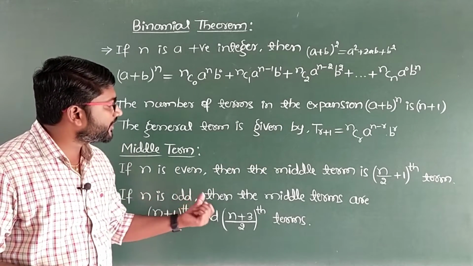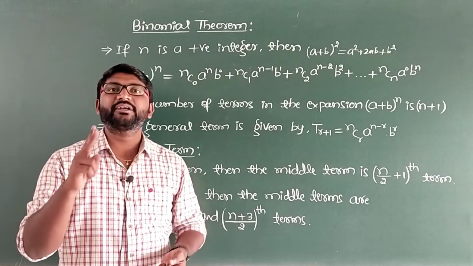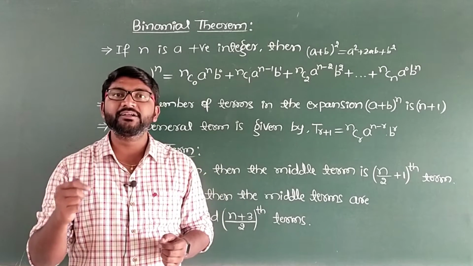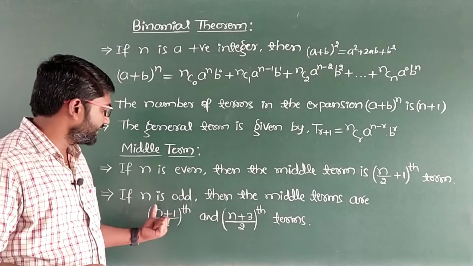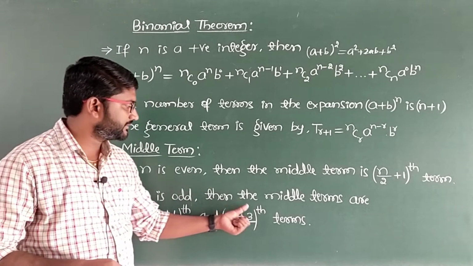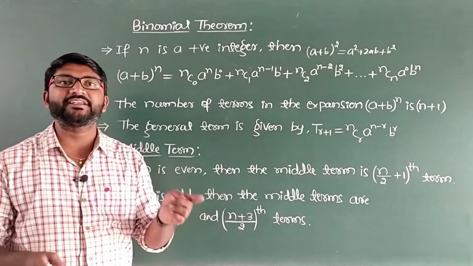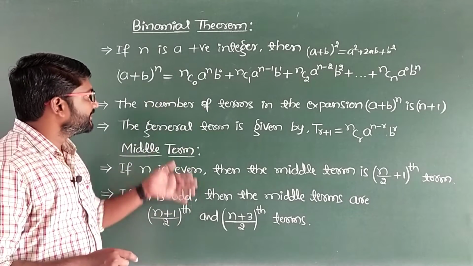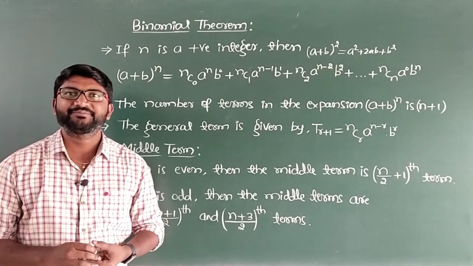If n is odd, we are going to have two middle terms, and those are the ((n+1)/2)th term and the ((n+3)/2)th term. So if n is odd we have two middle terms, and if n is even we have only one middle term. So take a screenshot of all these points, then we'll take up the remaining points.